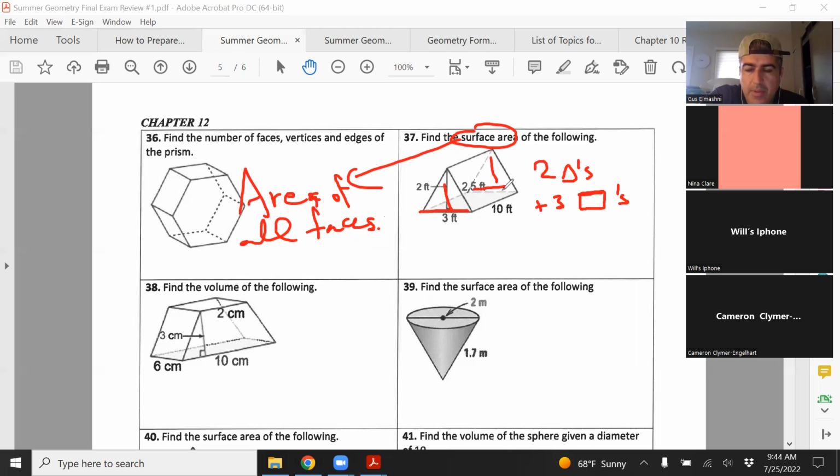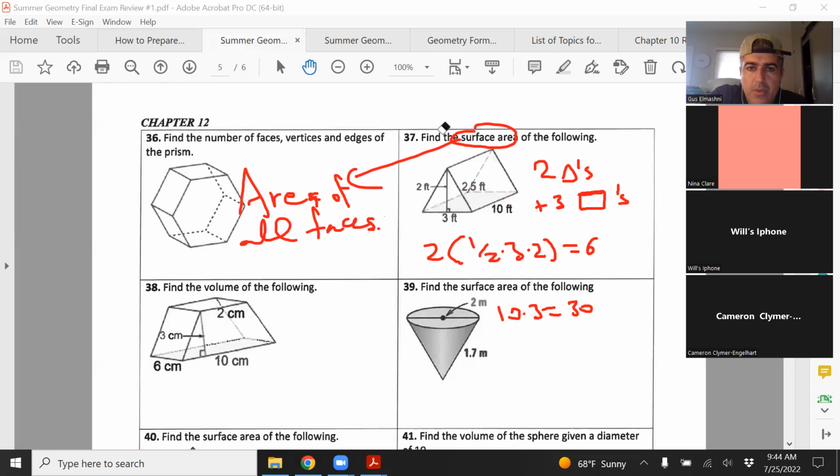That's true for the other one in the back. So 1/2 times base times height. Work that out. That should become 6 if you do it correctly. And they have three rectangles. One of the rectangles is 10 by 3. So that's 30.